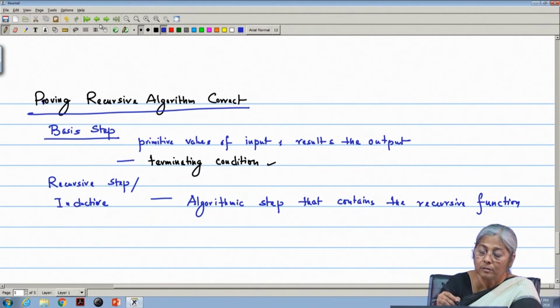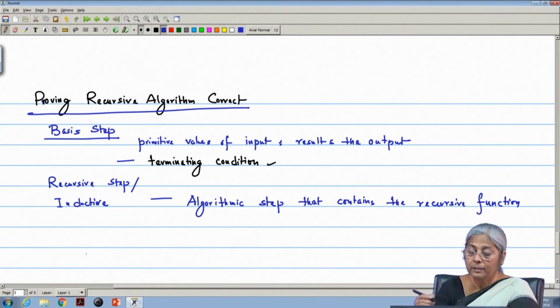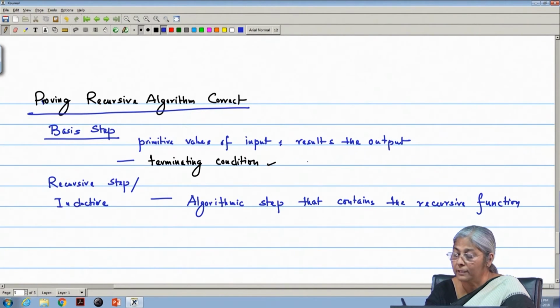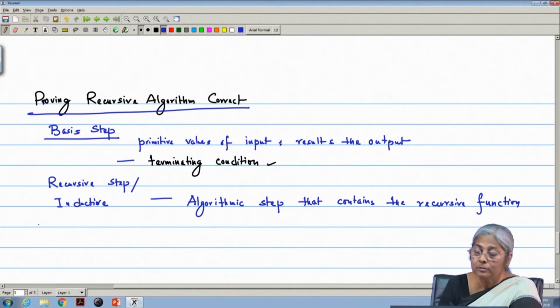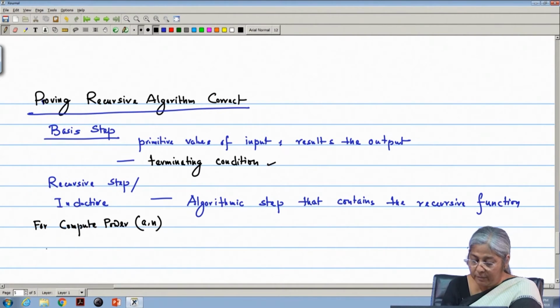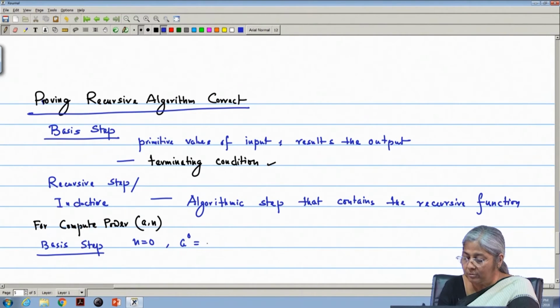So, for the previous example of computing power, I can write for compute power(a, n), my basis step is n equal to 0, a to the power 0 equal to 1.